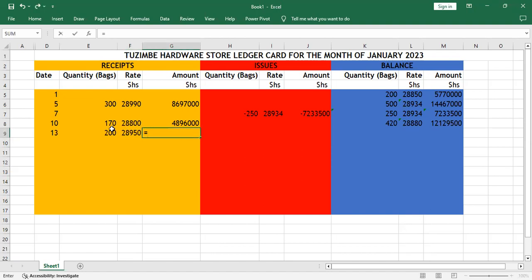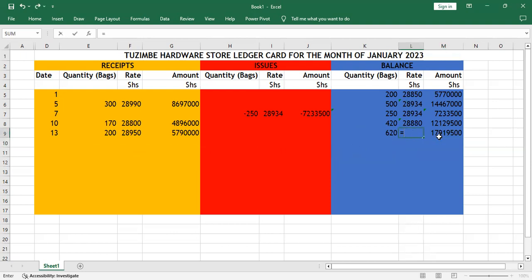We get our amount for this receipt. We multiply. Don't forget to update your balances. It's 420 plus 200, giving us 620 units. And then the amount column of the balances will also increase by the amount of the purchase, giving us 17,919,500.